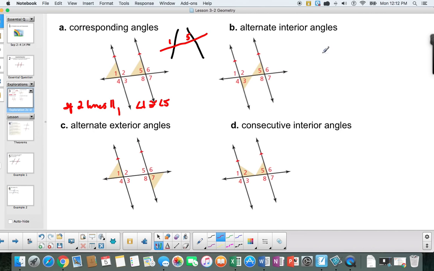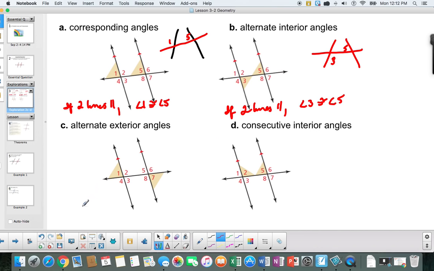Now, alternate exterior angles. Again, when we have two lines that are not necessarily parallel, and we take a look at 3 and 5, notice that 3 can be obtuse and 5 can be acute. But in our exploration, when the two lines ended up being parallel, we found that angle 3 ended up being congruent to angle 5, and these are alternate interior angles.